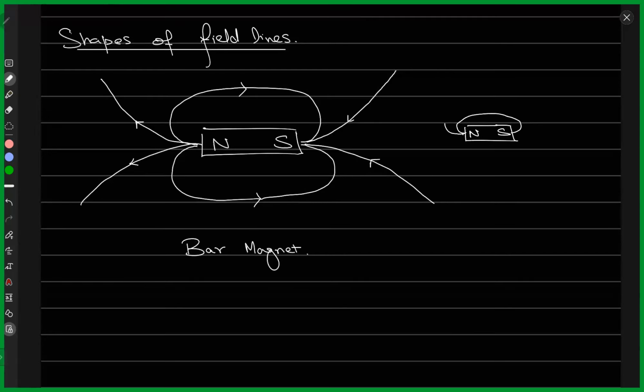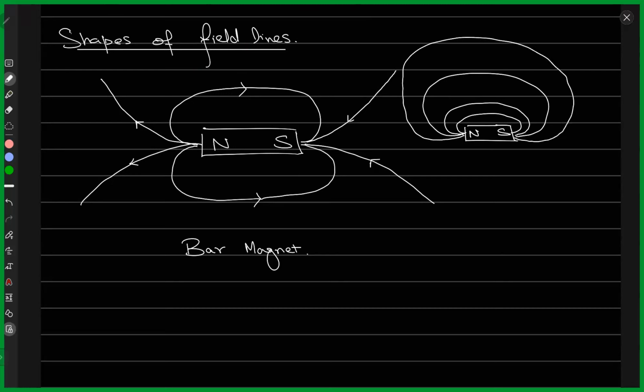Closer to the magnet, the magnetic field would be stronger, and further from the magnet, the magnetic field would be weaker. So the lines that are closer represent stronger magnetic effects, or strong magnetic force. And as the gap between these lines increases, that's where we have weak magnetic effects.